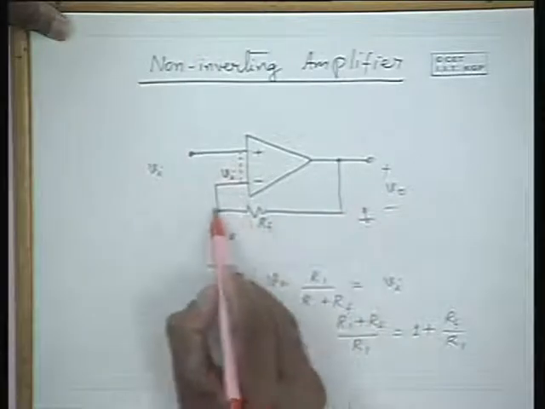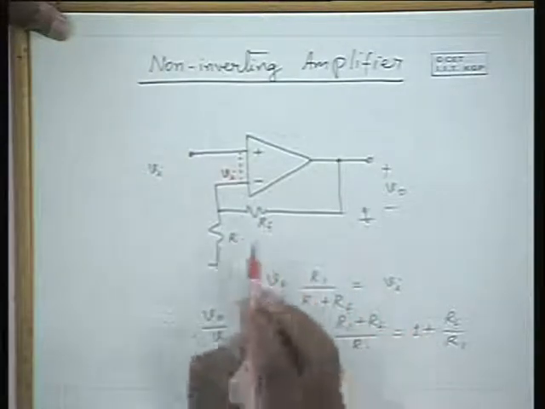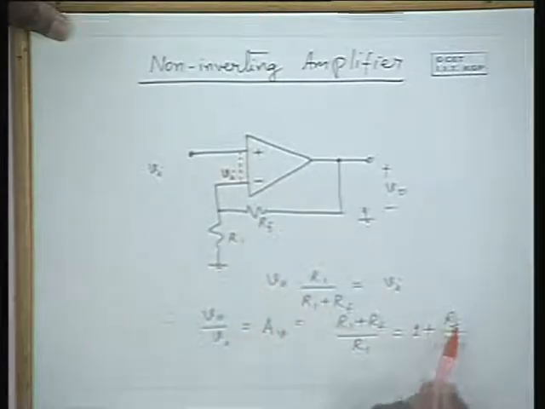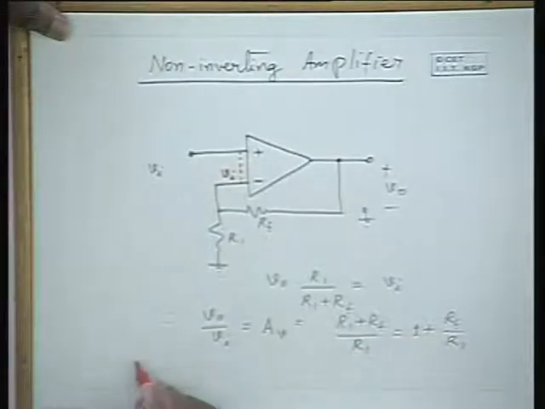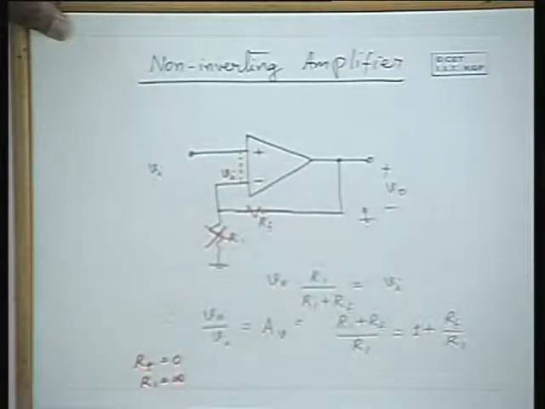And please note that with the output shorted to the input, that means when RF is 0 and R1 is infinity, just open circuited, no R1, RF by R1 is 0 and the voltage gain AV is equal to 1.